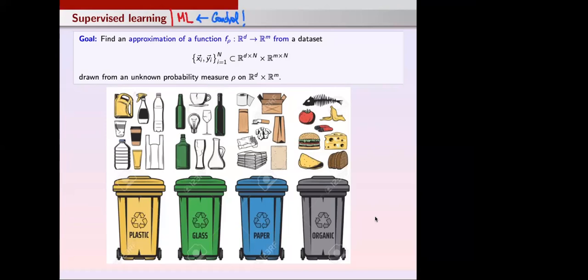But then the main question that arises is what the model is. Do you think I can apply the equations of mechanics to describe how waste, according to different categories, has to be placed in different containers?